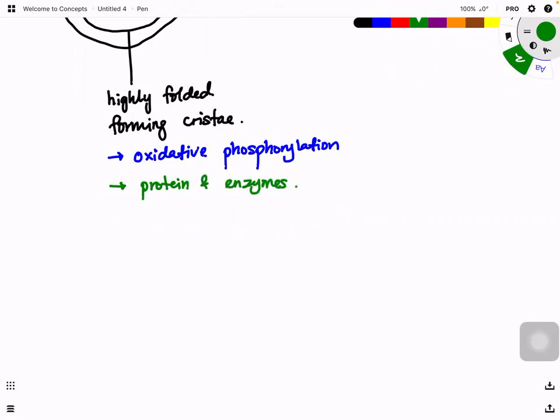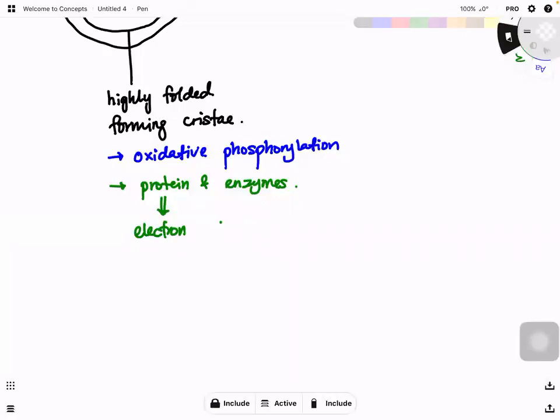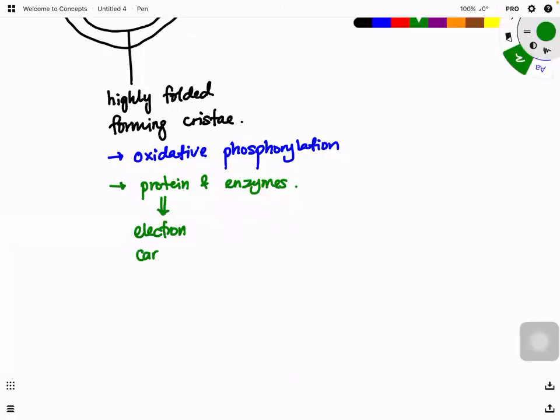So what are the proteins? The proteins involved here are electron carriers, for example, that form the electron transport chain, or called ETC. What is the enzyme involved? The enzyme involved here is known as ATP synthase.